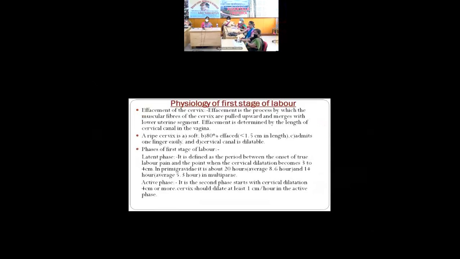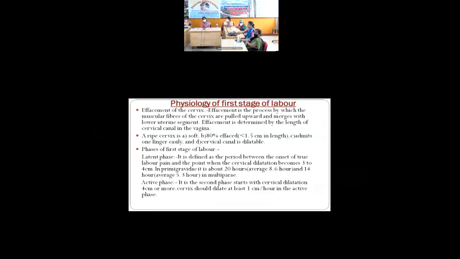In effacement, the cervix is pulled upward by muscular fibers and merges into the lower segment. This is determined by the length of the cervical canal in the vagina. The features are soft and 90% effaced, and that means one finger is easy and the cervical canal is delicate. The latent phase is between the two, and the dilatation comes to 4 centimeter.